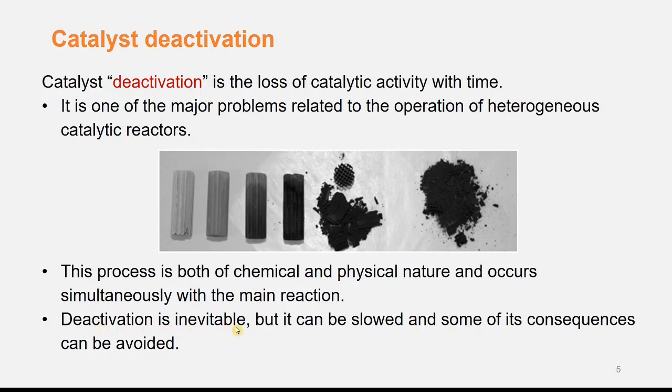It will happen eventually. However, steps can be taken to slow down the process and avoid some of the consequences of deactivation. In the end, though, catalysts will need to be regenerated or replaced.